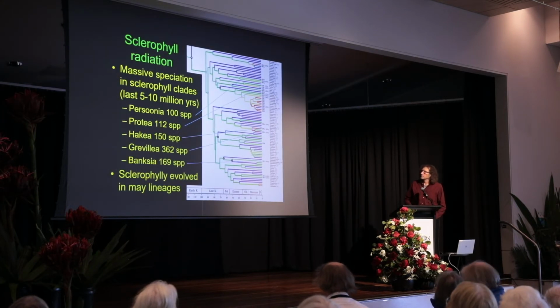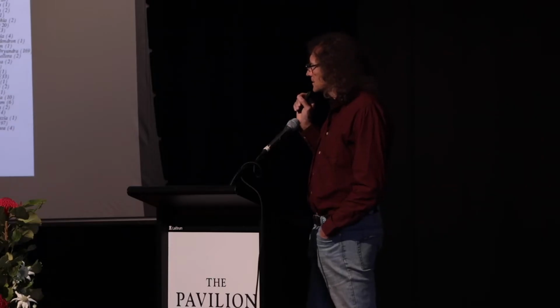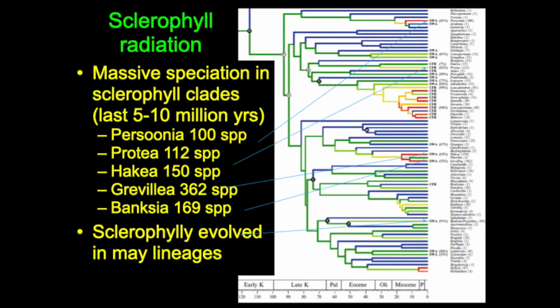And the other point that's worth making about the past, just before we leave it, is that there's been a lot going on recently. And when you look at phylogenies like the Proteaceae, which is very rich, there's I think 1,200 species of Proteaceae in Australia and over 300 in other parts of the world. Most of those species have actually evolved quite recently in time.